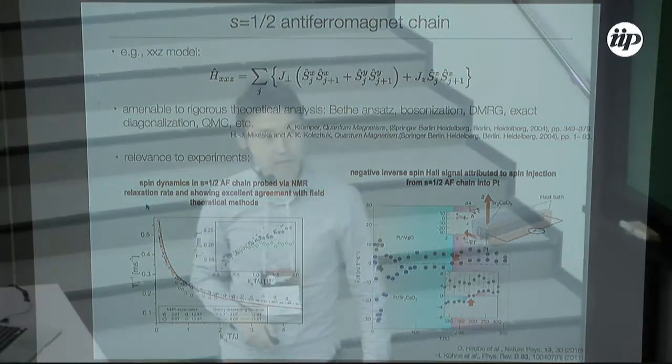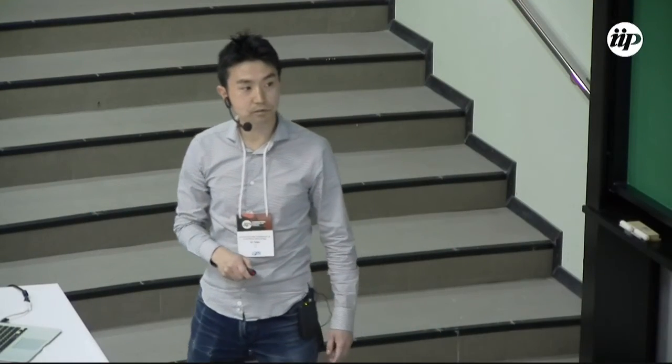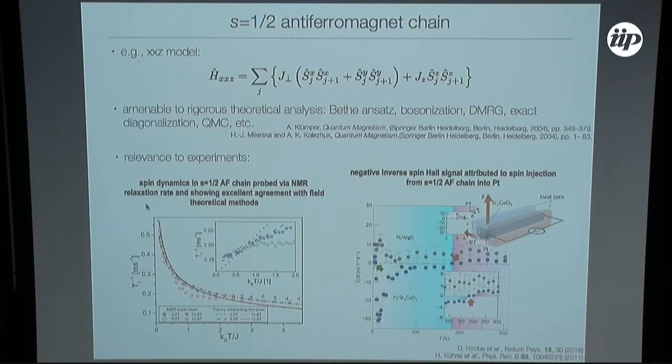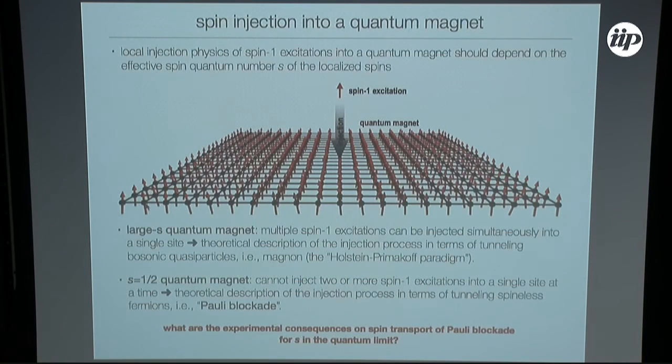And so this at least demonstrates the possibility to measure spin current that's flowing out of a quantum spin chain using a platinum contact, very much in line with the two-terminal non-local current drag type setup I was talking about in the beginning. So I think the experiments are approaching that direction where they're looking at spin transport through more exotic quantum magnets. So now I want to talk about what we should expect when we try to inject spin into a quantum magnet.